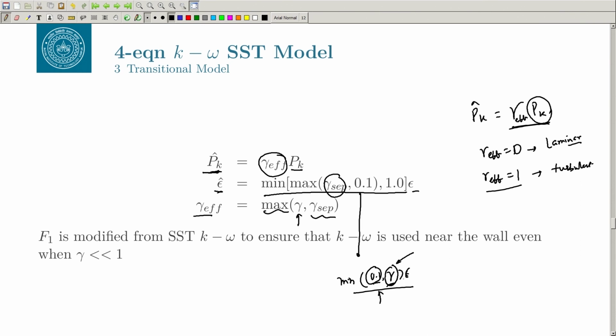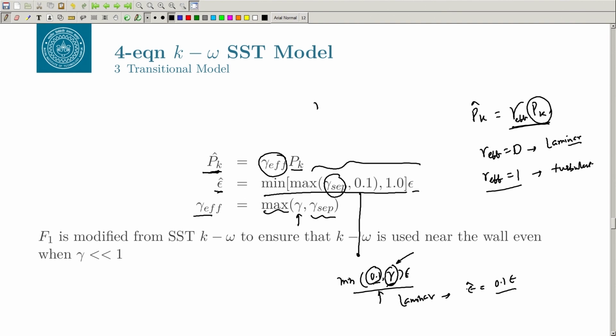So, if the flow is laminar, the dissipation epsilon hat is equal to 0.1 times epsilon. Yes, I figured it out.